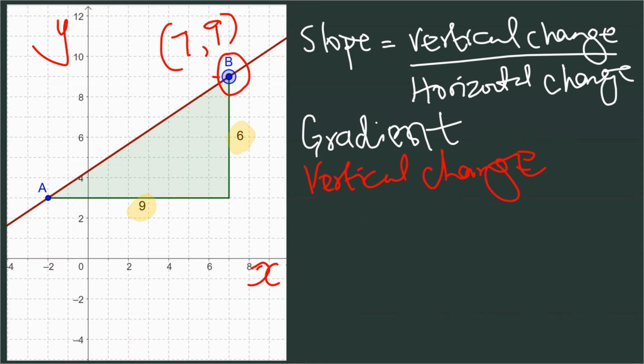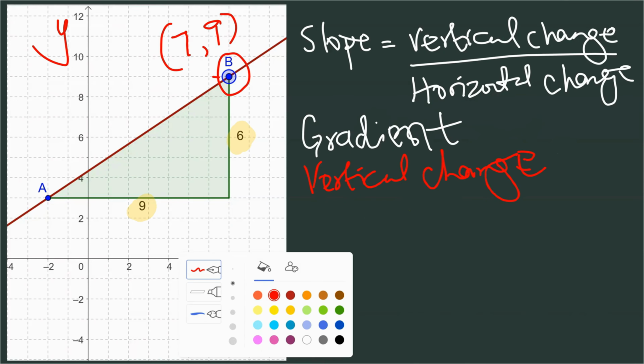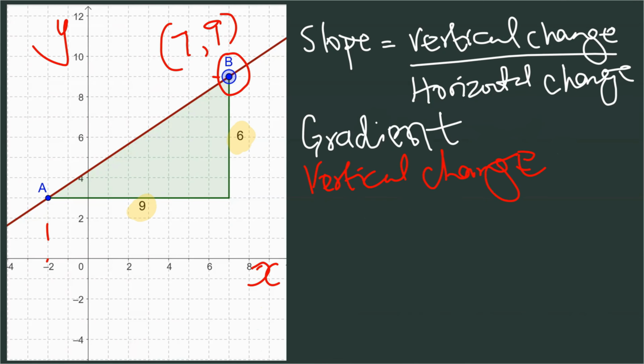And what about the coordinates for A? You can see we always start with the x. This is -2, and then when you go to y, you'll find that here is 3. So the coordinates of A are -2 and 3.